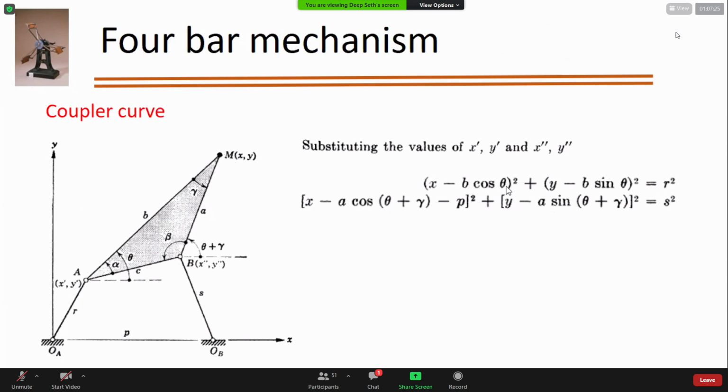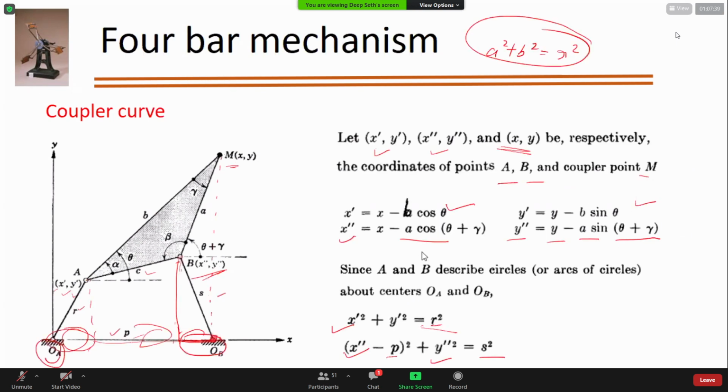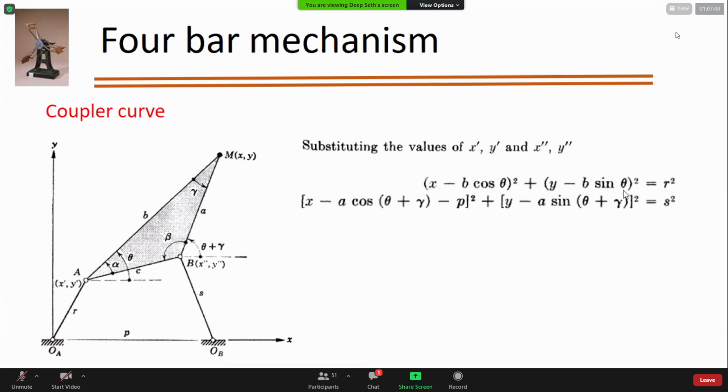So you will get (x minus B cos theta) square plus (y minus B sin theta) square is equal to R square, and (x minus A cos(theta plus gamma) minus P) square plus (y minus A sin(theta plus gamma)) square is equal to S square. So these are the two equations that you will get, by just substituting these values. And you're getting this.